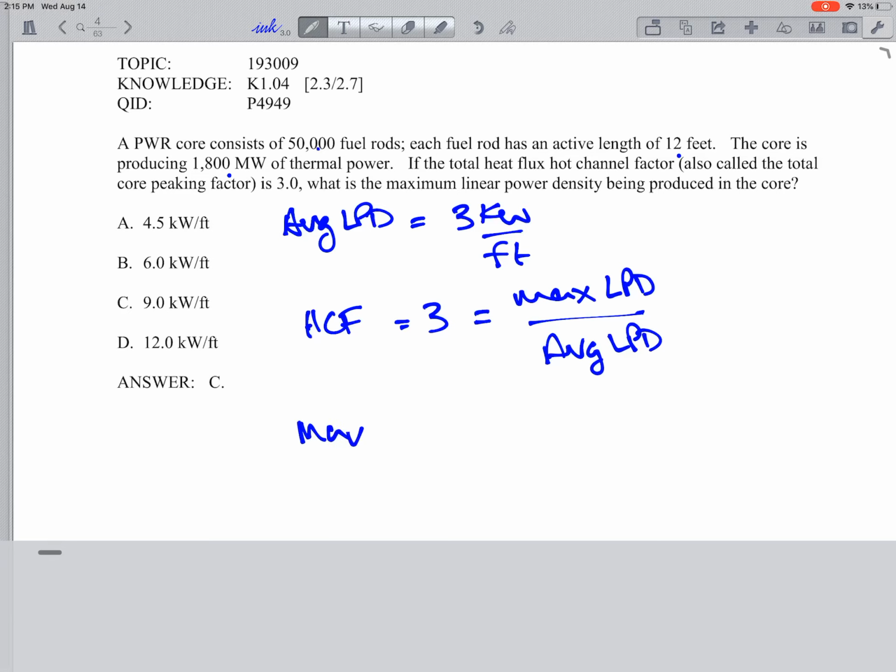So max LPD is going to be equal to 3, the hot channel factor, times 3 kilowatts per foot, so it could be 9. So it's fairly easy. The big concept here is the hot channel factor is max over average linear power density.